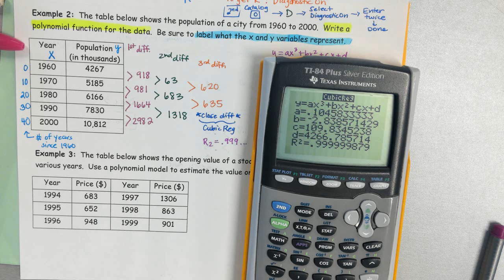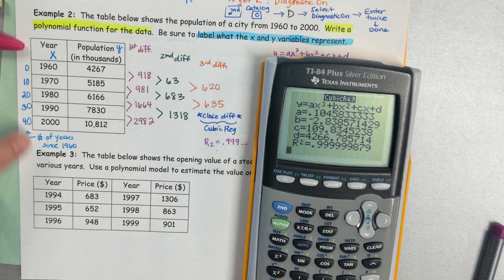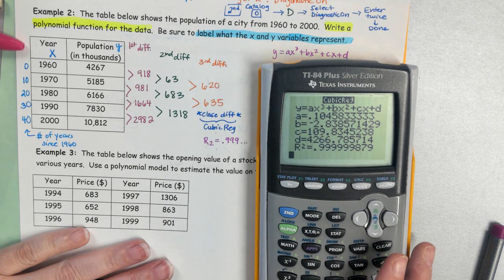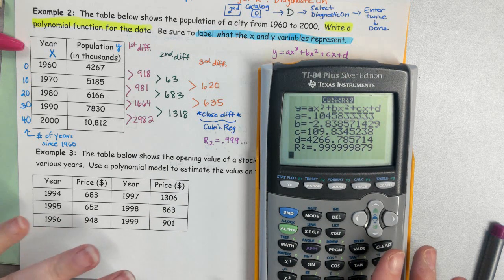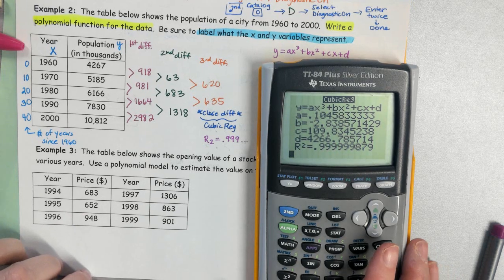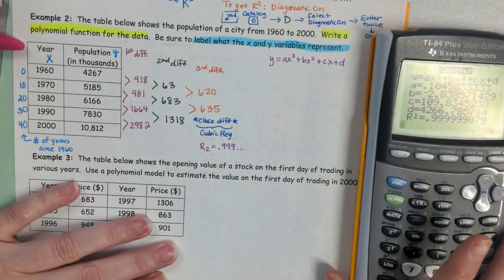And then enter. But make sure that you enter the 0, 10, not the 1960, okay? And make sure that you guys did enter in the 0, 10, 20, 30, 40. We're going to go for that.